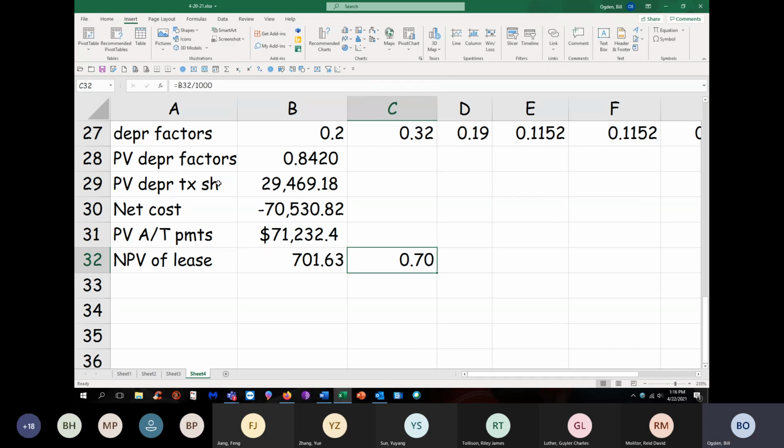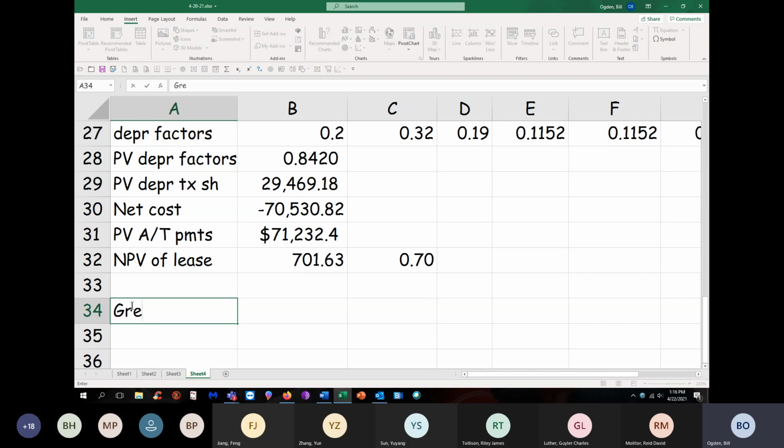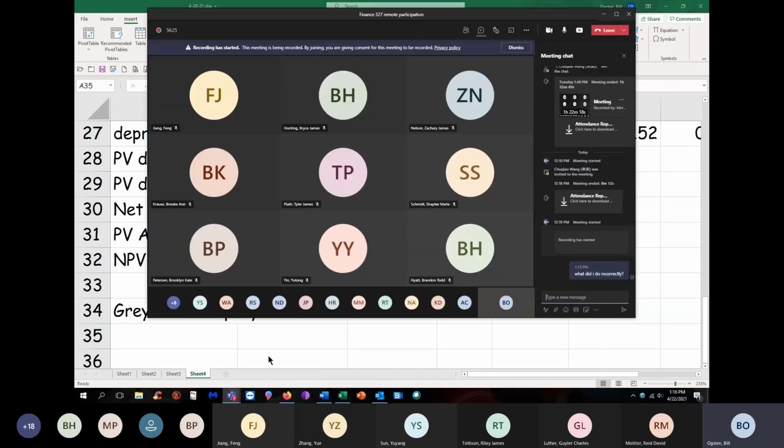Now let's analyze this from the Graymare company. Before I go to the Graymare, let's make sure we're all caught up. Everybody see what I did wrong on this? You caught up?